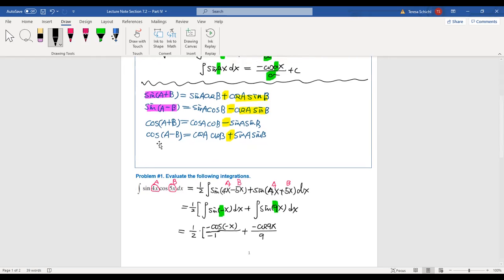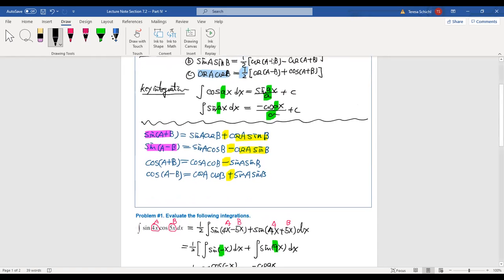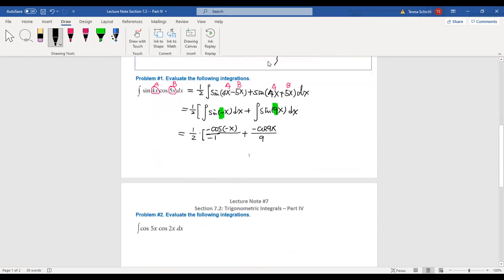So maybe I should add one more key identity here. The one we're going to use more frequently: if you have sine negative x, it will be negative sine x, and cosine negative x is equal to cosine x, because cosine is an even function and sine is an odd function, right? We learned all this in trig.